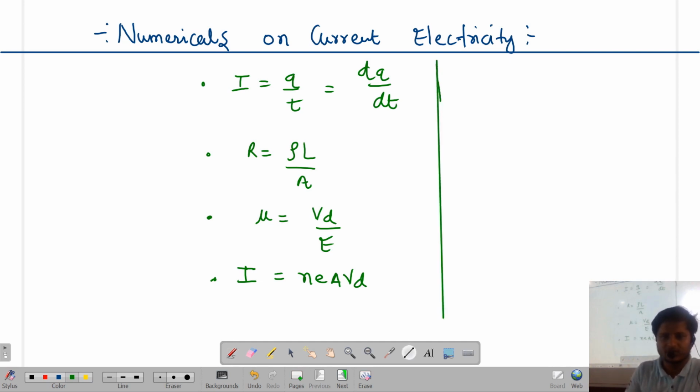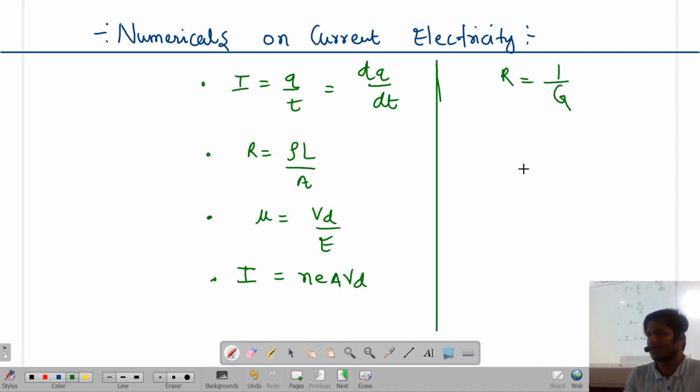After that, resistance is equal to 1 by conductance G, while resistivity is equal to 1 by conductivity sigma. Understood or not? Conductance and conductivity are two important things.